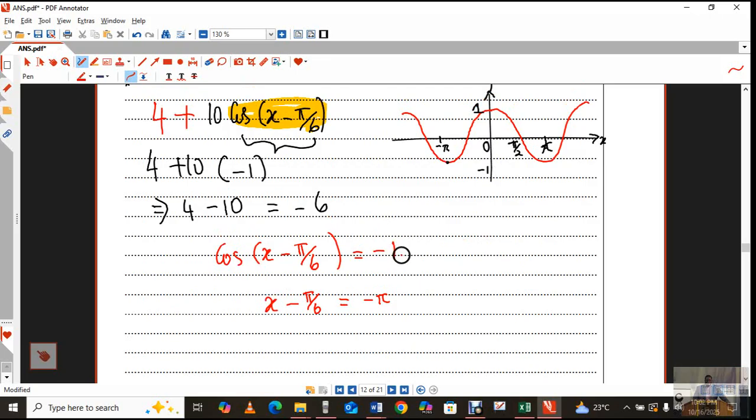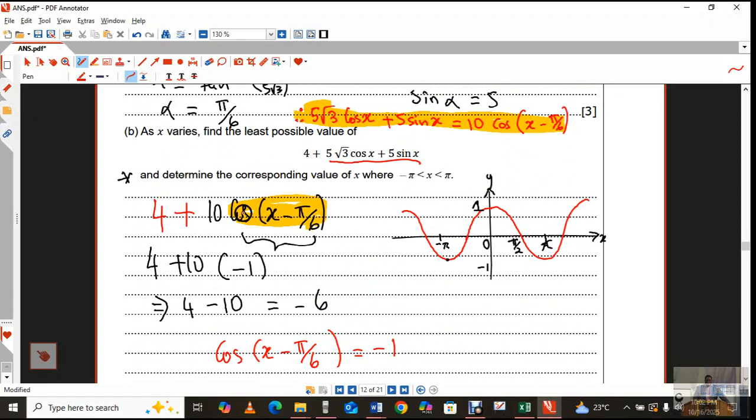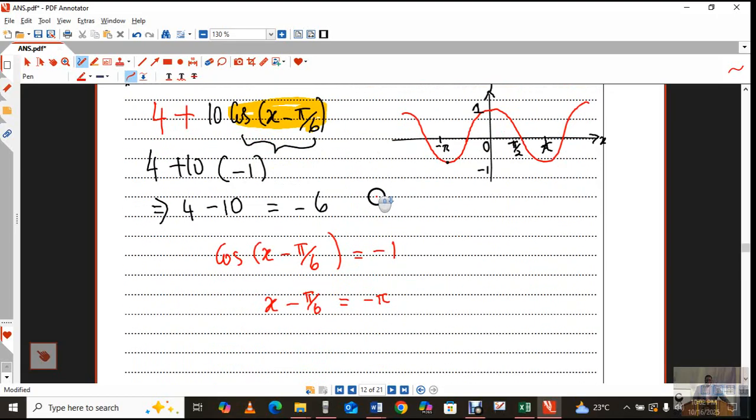Also, it depends on the quadrant, because as you can see, hopefully you know that this is negative 1 in cosine. If this is the first quadrant, then this over here is negative pi over 2, so that's quadrant 3, and this one is quadrant 4 and quadrant 3. So you go back to negative angles, you're going to get negative angles here. Okay, so let's find x then. They say find the value, so it's only 1 value of x.